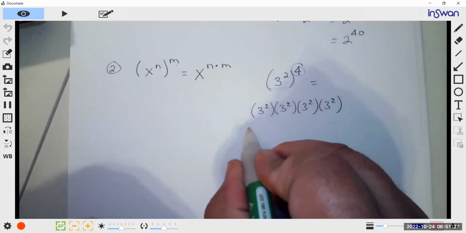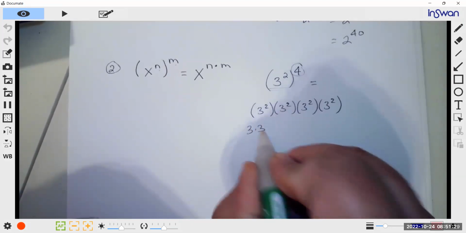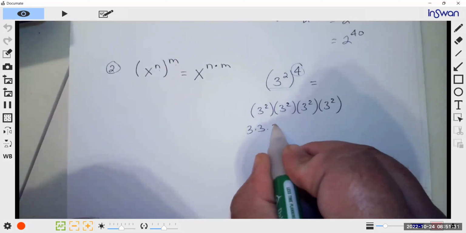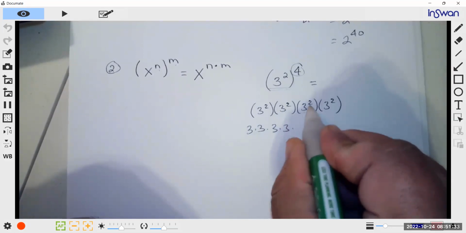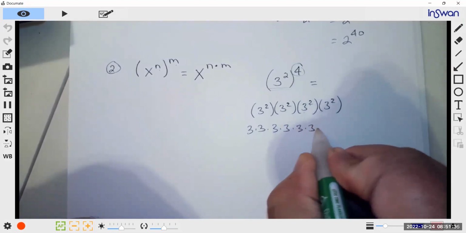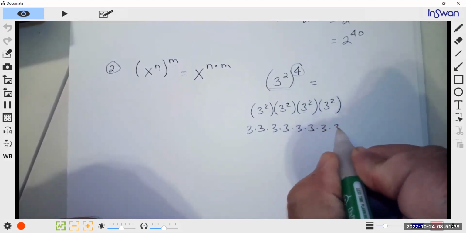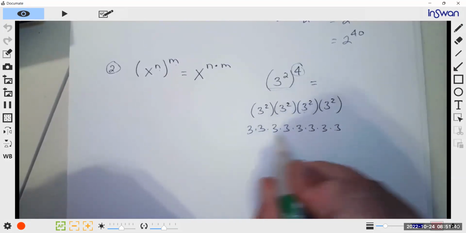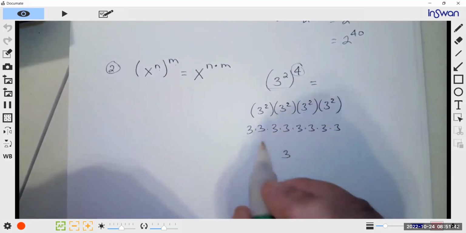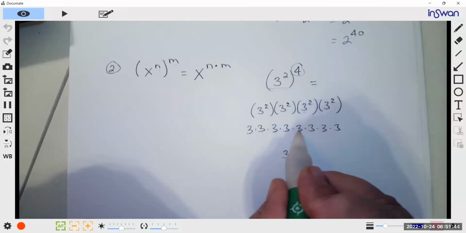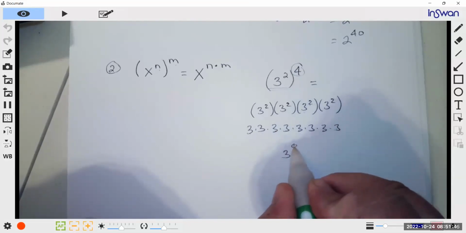What does 3 squared mean? 3 times 3. This one, 3 times 3. This one, 3 times 3. And this one, 3 times 3. Since they're all the same bases, how many do I have? 1, 2, 3, 4, 5, 6, 7, 8.